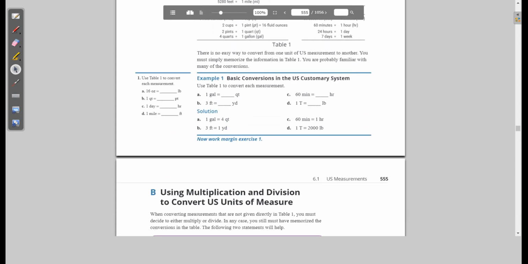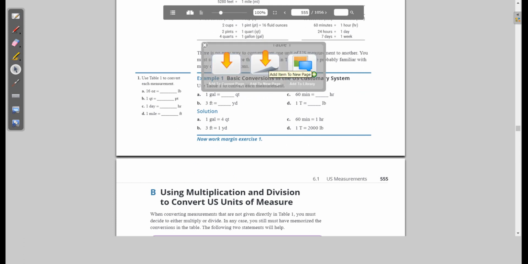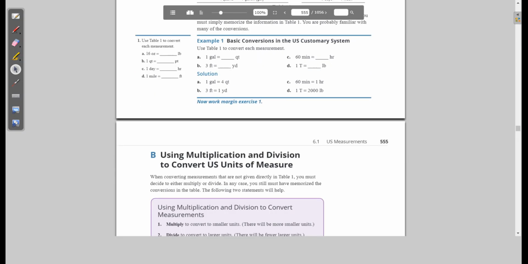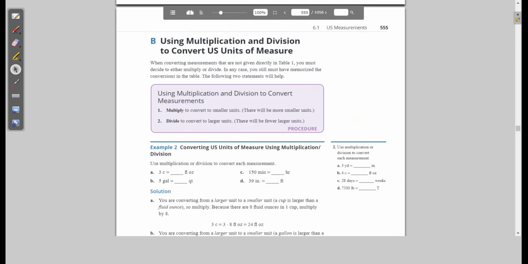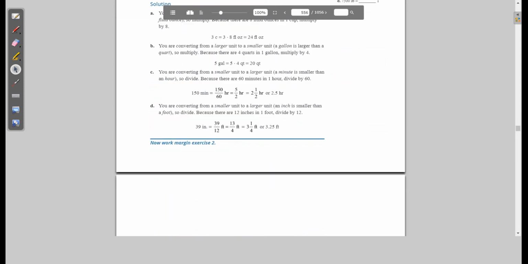Today's going to be a super duper easy day because we're not doing anything really besides just doing those conversions. And I don't think example one should have its own little page like that. So what I'm gonna do is put it with example two as well.